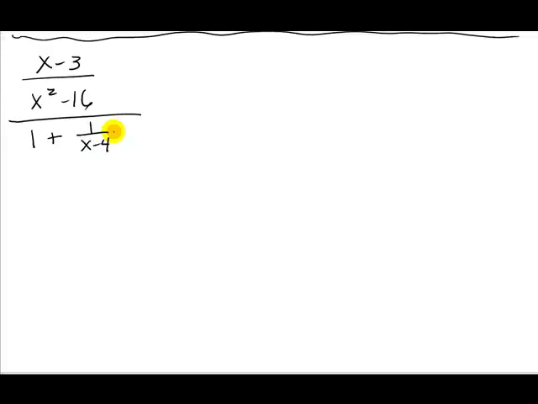All right, so get that written down. Sometimes I have a hard time seeing which is the big fraction line. So this is the big fraction line.